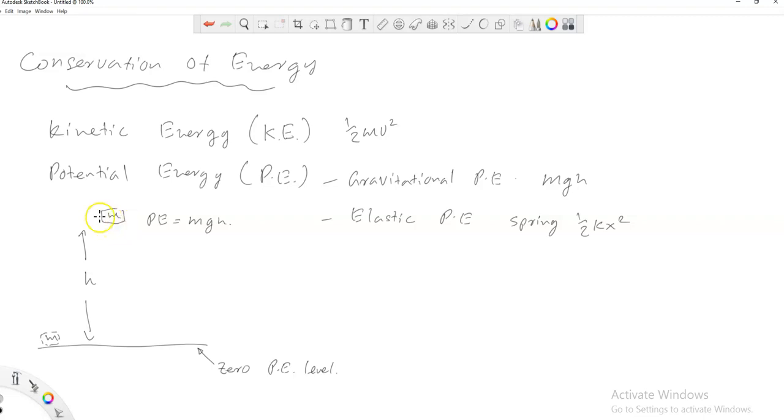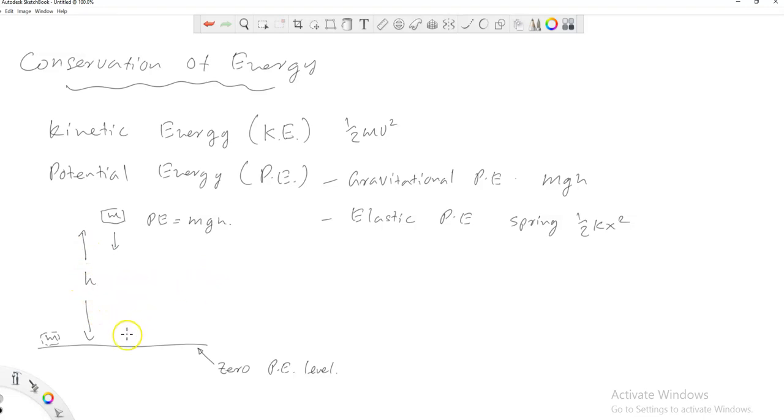Now if you let this go, if you drop it, if you release it, we know that it's going to accelerate downwards. We can use kinematic equations to find out how fast it's going to be. It's falling a distance of h.